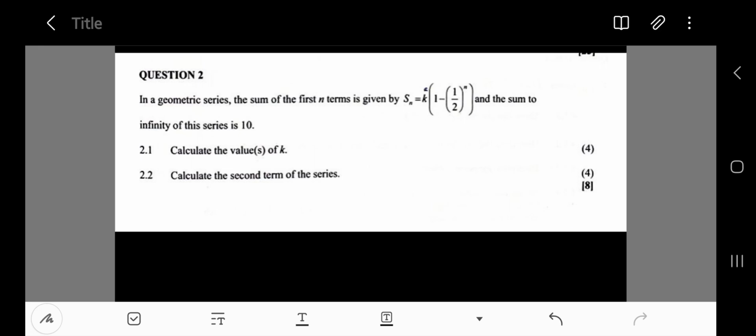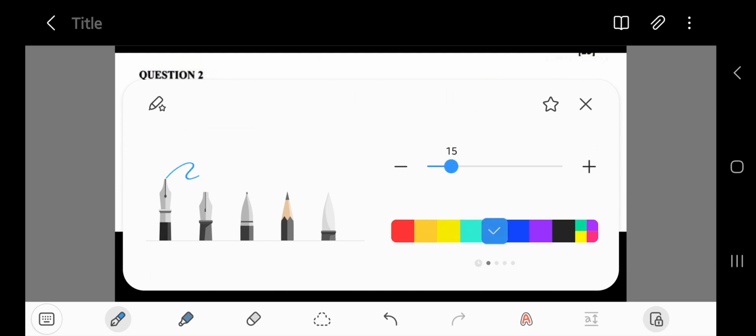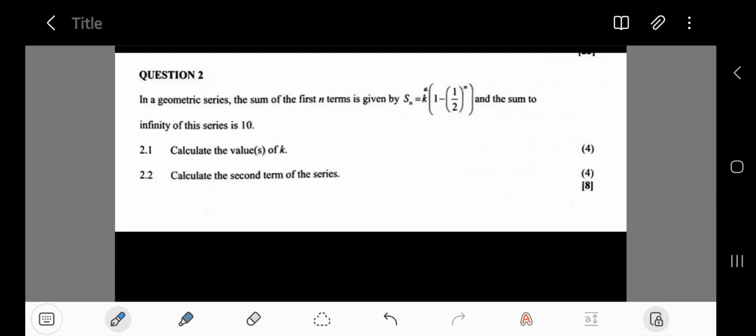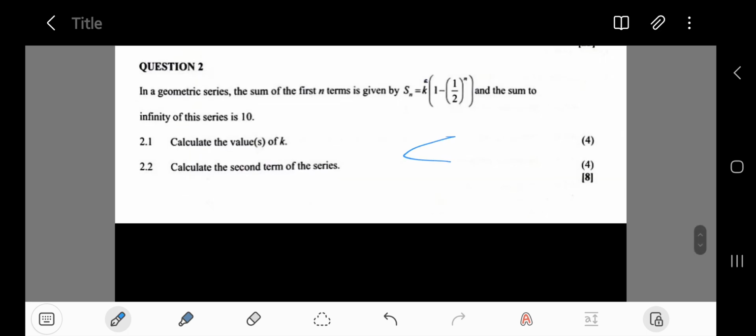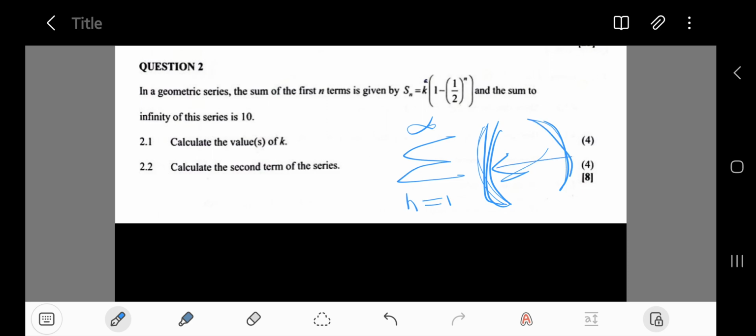First things first, we cannot view this as a sigma. What I mean by this is that a sigma is where they give you, let's say, n equals 1 up to infinity, and then they give you something there. Whatever we get there is the formula to get the terms in the sigma.